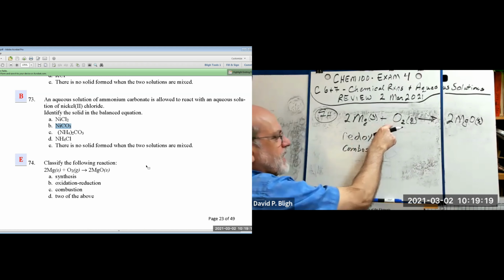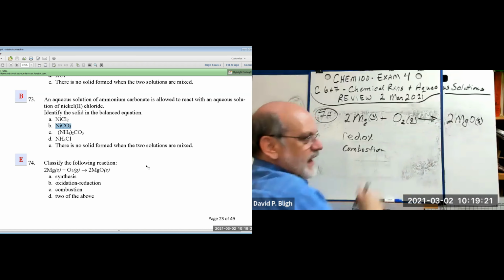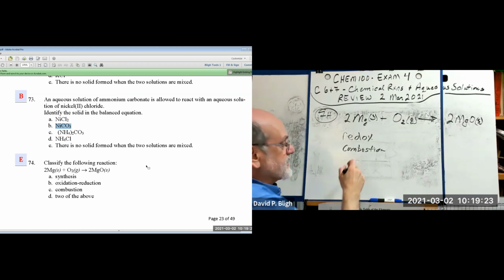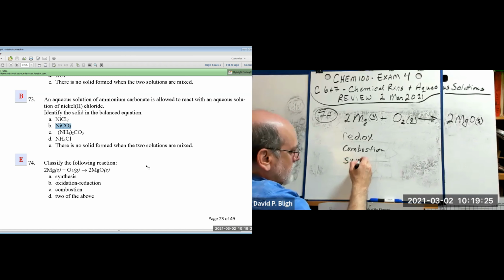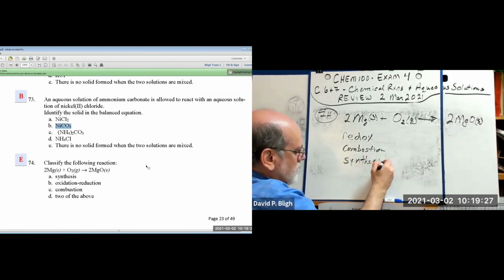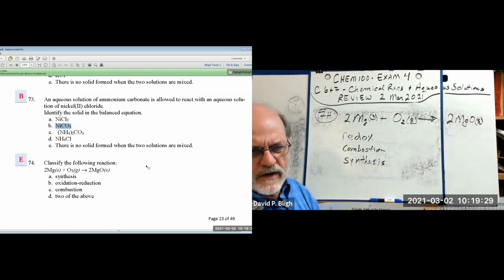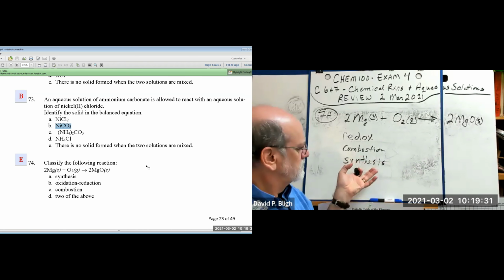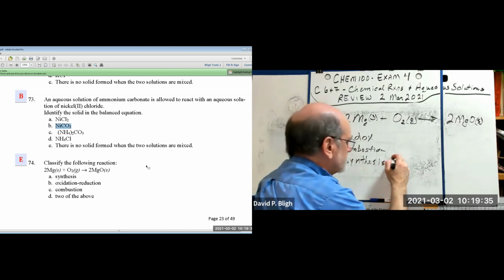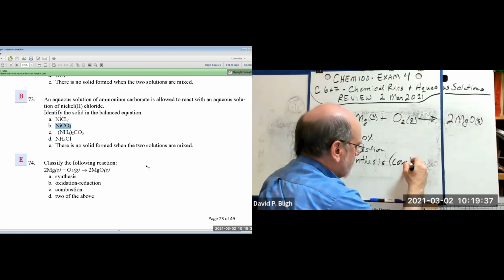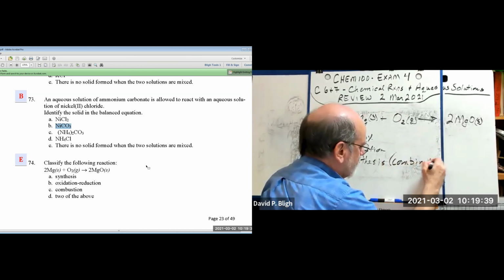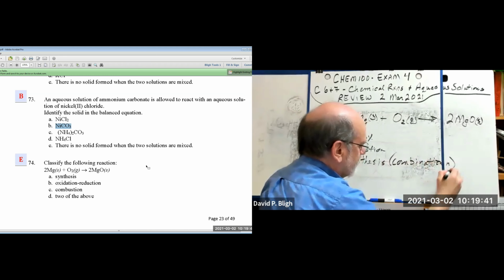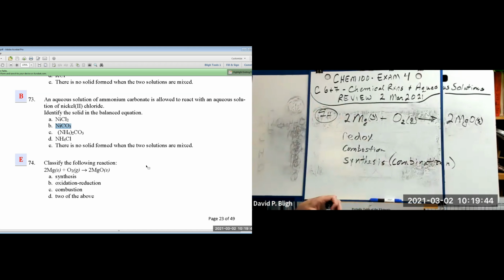We got simple going to complex, so we have a synthesis. There's another name: combination. Okay. Those are the three that I can think of.